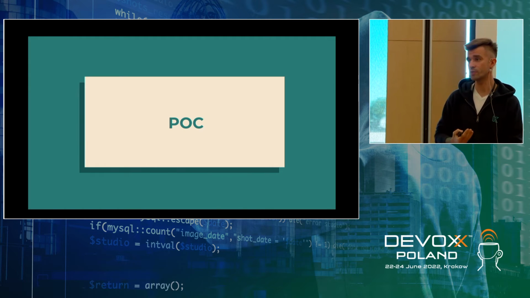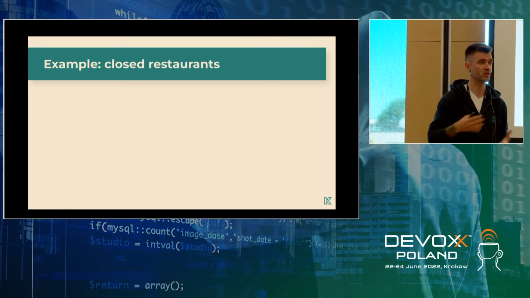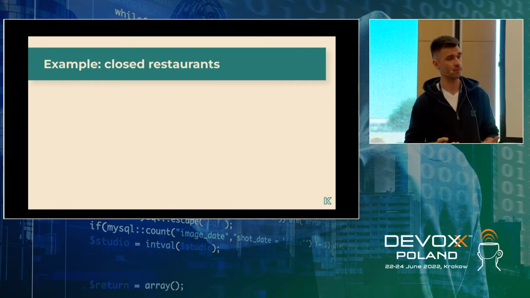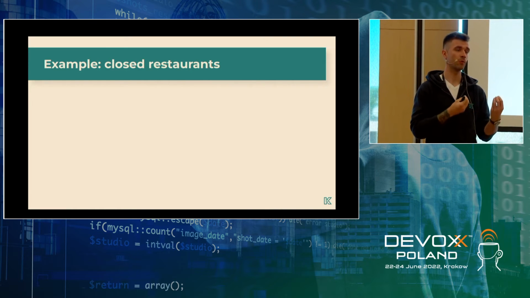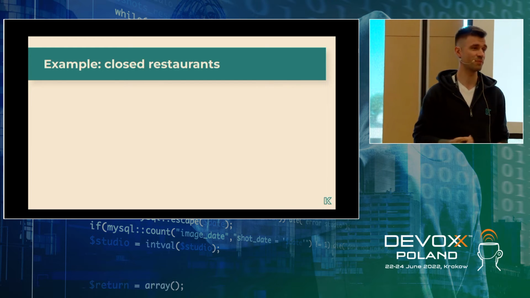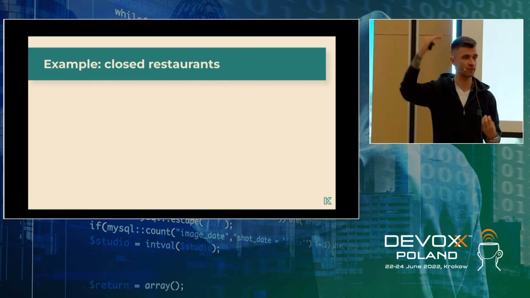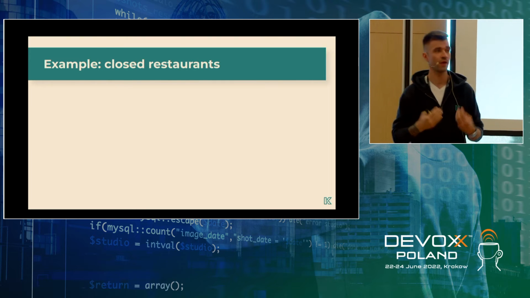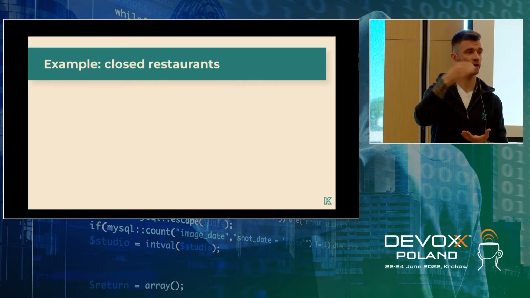So we had to choose something for the proof of concept, and we chose the closed restaurant, or restaurant closing time. Sometimes, as I spoke before, we have to close a particular restaurant, and sometimes we either forget to open it, or we have so many closed restaurants that we don't keep track of all of them.